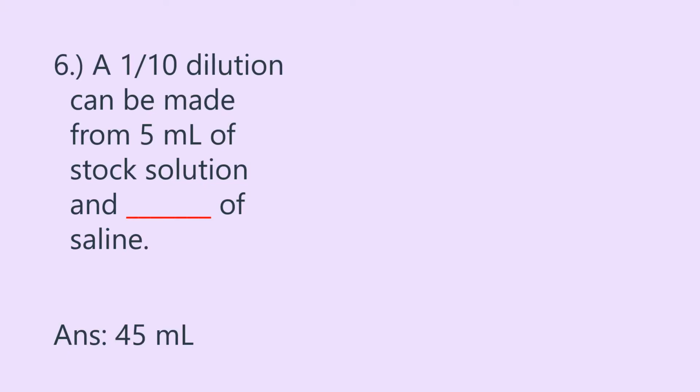For question number 6, a 1 over 10 dilution can be made from 5 ml of stock solution and how much volume of the saline. So what is being sought here is the amount of the saline. We can solve it in this way. We have 1 over 10 is equal to 5 ml as the volume of your solute over the total volume, which is 5 ml plus the amount of the saline, which is x.